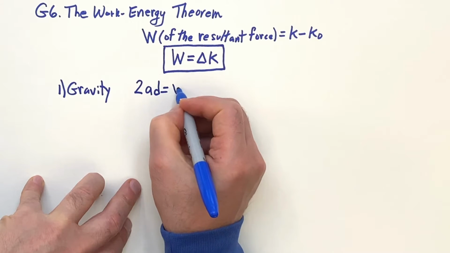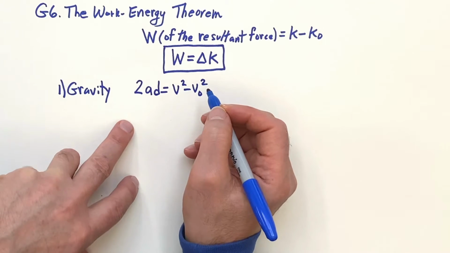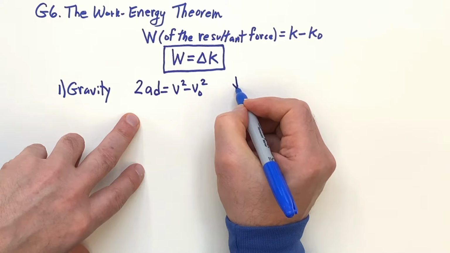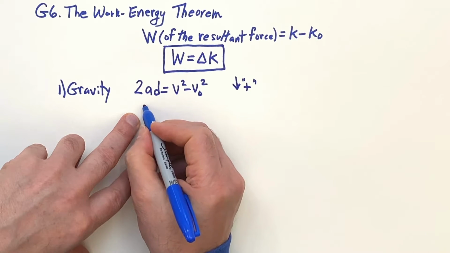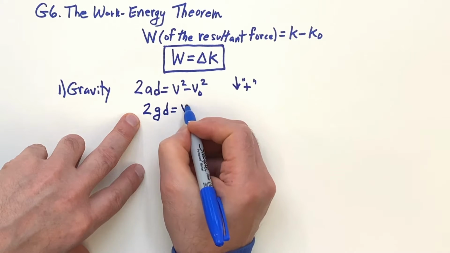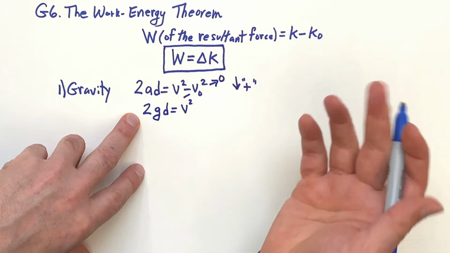2AD = v squared minus v naught squared, that's one of our kinematic equations. And we're going to call going down positive. So then that's 2g times d is v squared. We're going to start from rest because we're going to drop it.